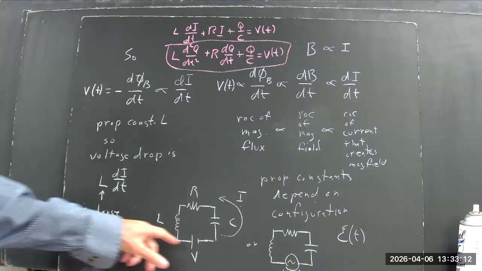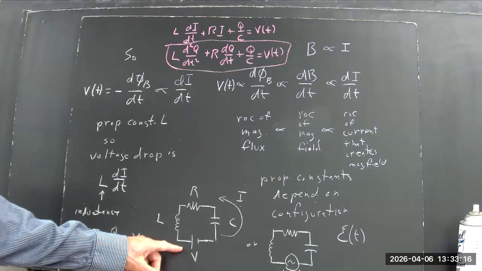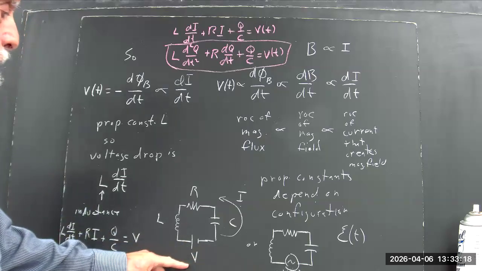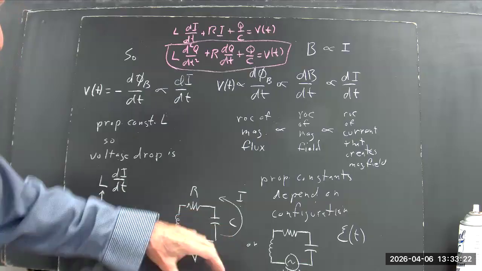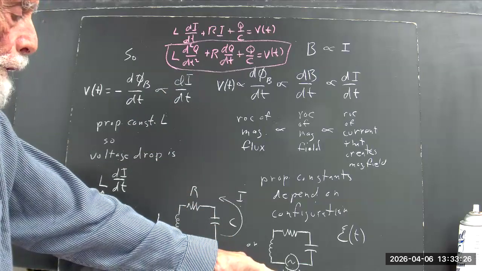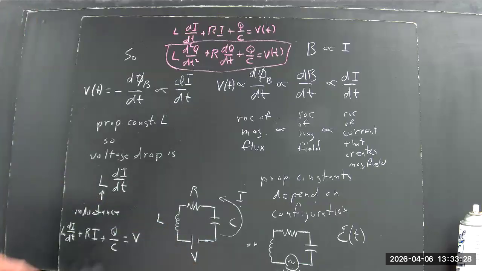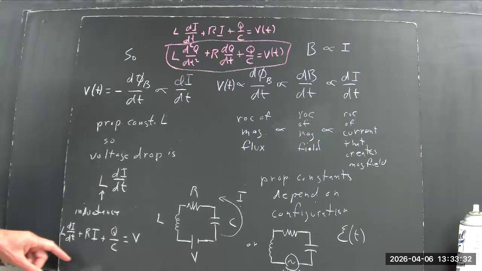So when you have a circuit with a voltage, now this would indicate a constant voltage, but maybe with a switch that you can throw to see what happens, or an alternating voltage, this equation holds.